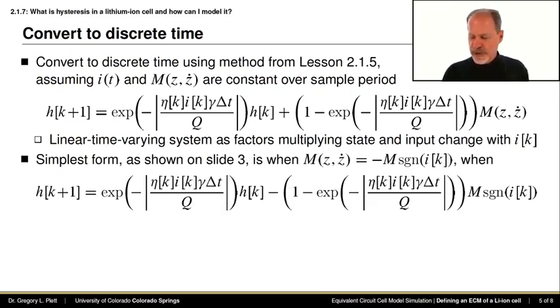We also have to wonder, what do we use for m, this maximum hysteresis? The simplest form, which I used in the previous example, is to set m of z and z dot equal to a number m times the sine of the input current. We don't have to do that, but that's the way that I'm going to assume pretty much from now on. And when we do that, we can rewrite the first hysteresis equation on this slide as this second one, where I have expanded out the function m as negative constant m times sine of input current.